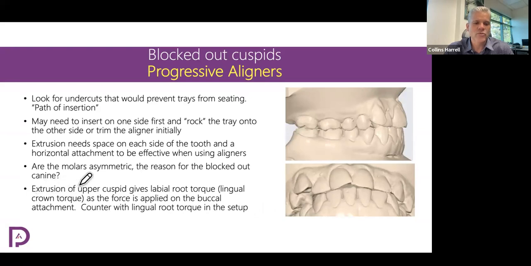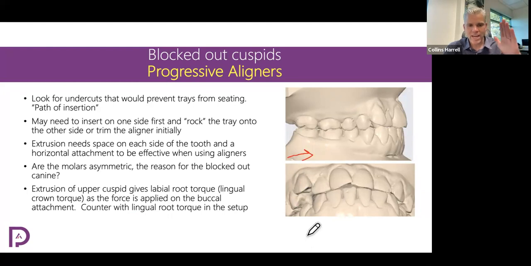Keep in mind that extrusion of the upper cuspid gives labial root torque. So what that means is when I bring this tooth down, that's pushing the crown lingually, which is going to tend to want to push the root out to the buccal. It's going to want to tend to push the root to the labial. So we're going to want to counterbalance that by applying lingual root torque in the setup, or essentially as we bring this tooth down, we're going to want to see that the technician has applied some lingual root torque.